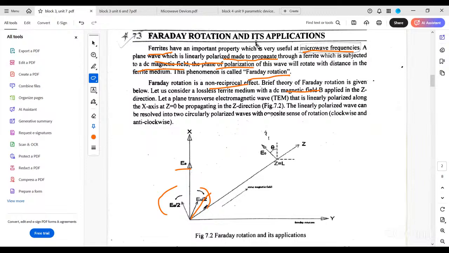Here, I am concentrating along the Z-axis with a small angle theta. The length here I am choosing as L. L is the length. Now we will see the derivation part.